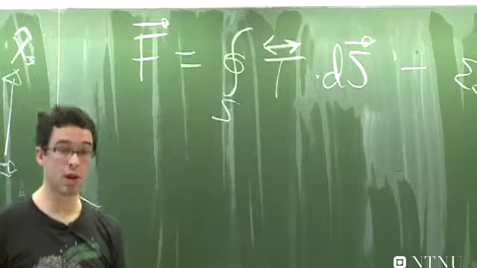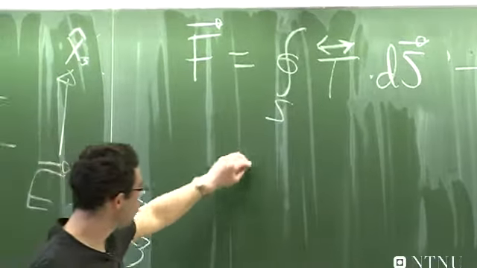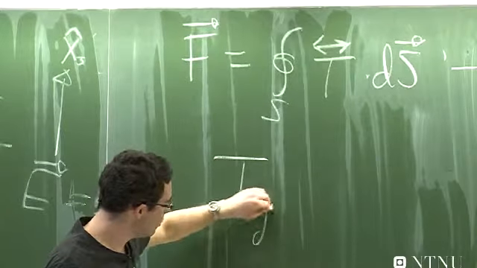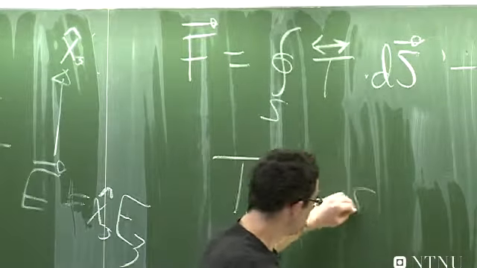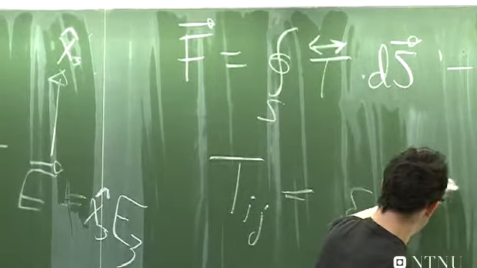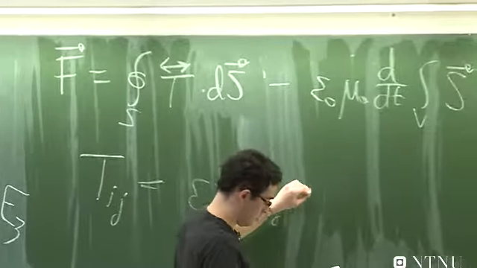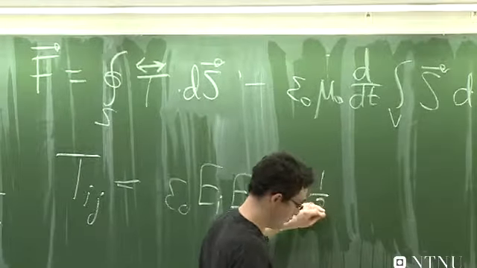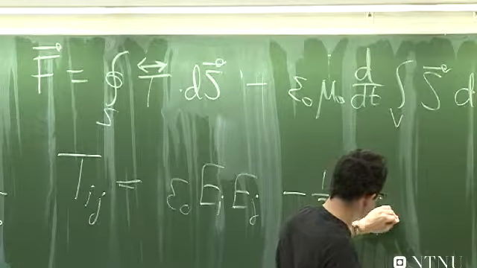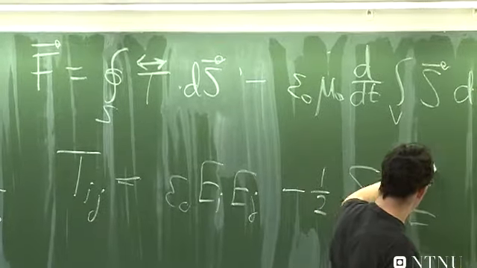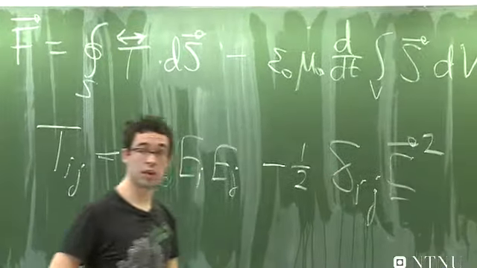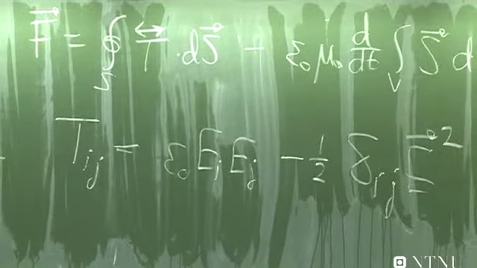Okay, now to get the Maxwell stress tensor is easy because the formula is given. Tij is equal to epsilon naught Ei Ej minus a half delta ij E square. And you know what the E field is. It's simply a constant.